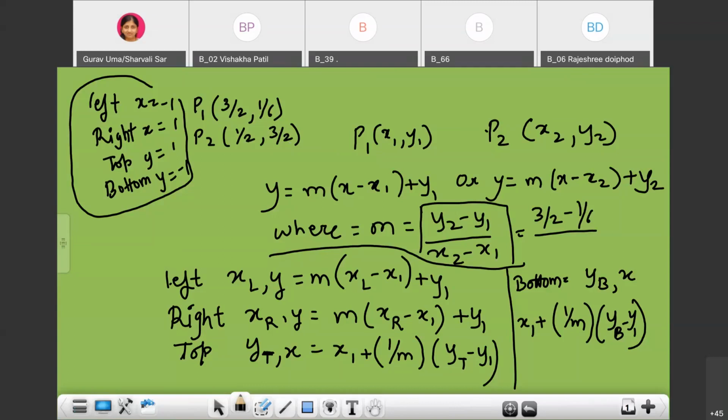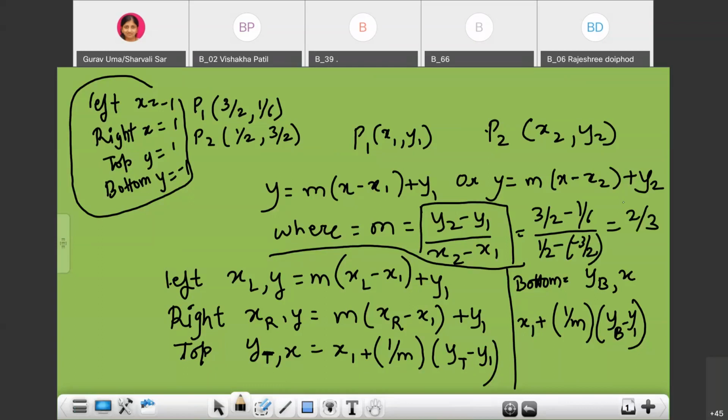My x2 is 1/2, and my x1 value is 3/2. As we are using the left side, the value will be minus 1. See the above, if it is left, x will be minus 1. If it is right, x will be 1. Similarly, top and bottom. So the answer of slope will be 2 by 3.